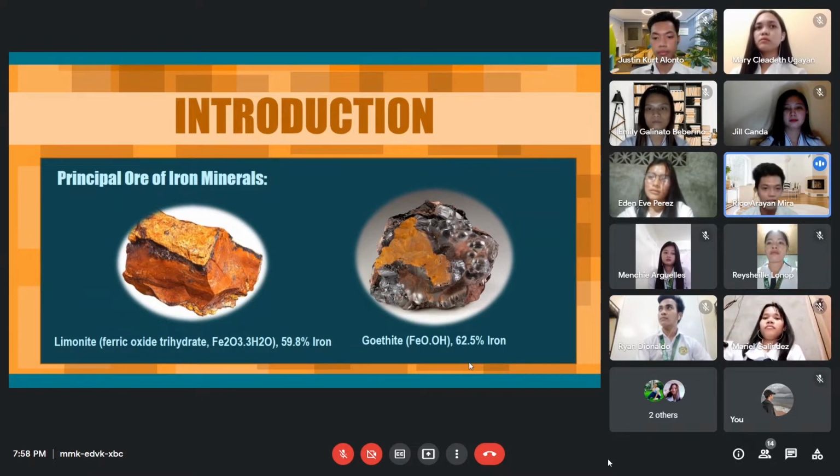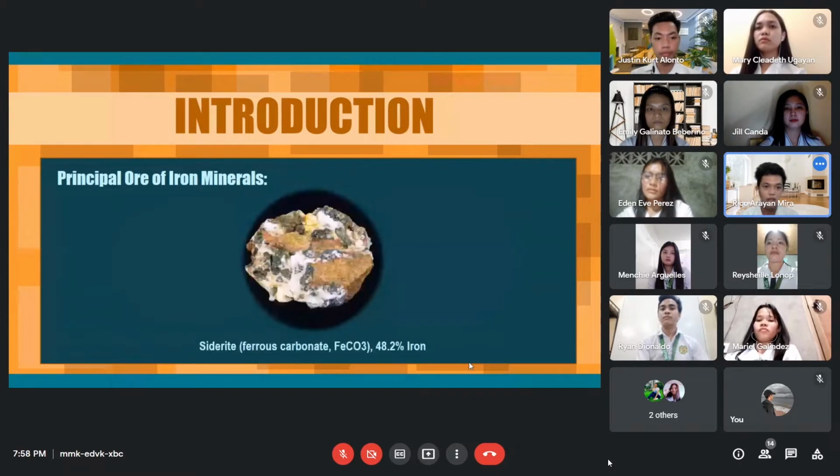And last but not the least, siderite, or the ferrous carbonate, with the chemical composition of FeCO3, and it contains 48.2% iron.